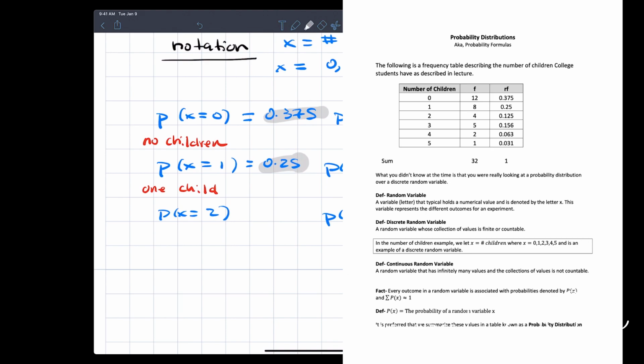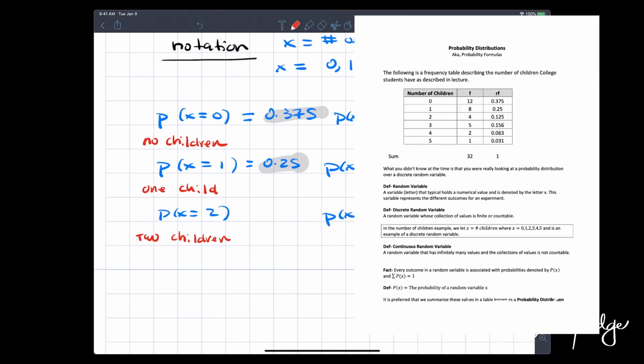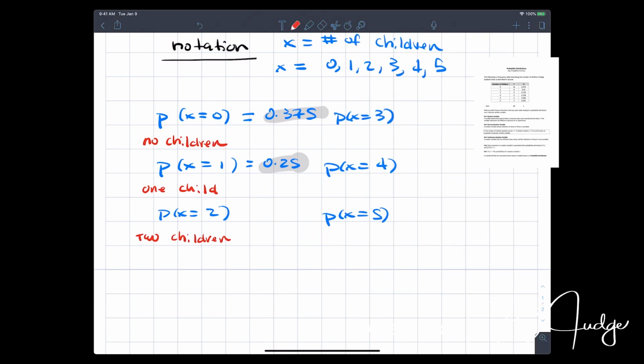So notice there's the distribution and there's the language. So if I ask you P of 2, this represents having 2 children, right? Because X is the number of children. I'm going to say to you guys, use your table at this point and try to answer these questions. 2 children, 3 children, 4 children, and then 5 children.